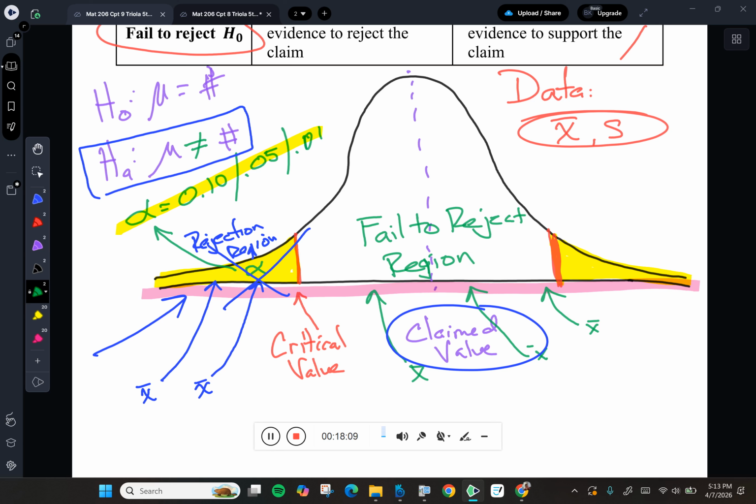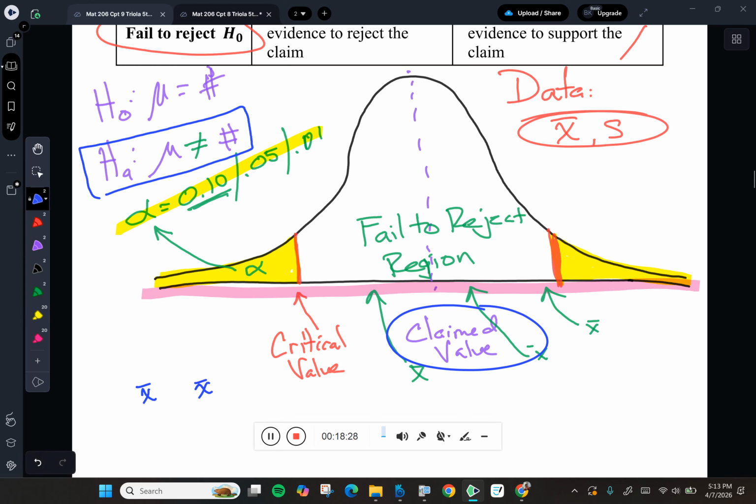Now when we have a two-tail test, the size of each rejection region would end up being half of the level of significance. What I mean by that is, in a two-tail test, if there's a 10% level of significance, the left tail is 5% and the right tail is 5%.